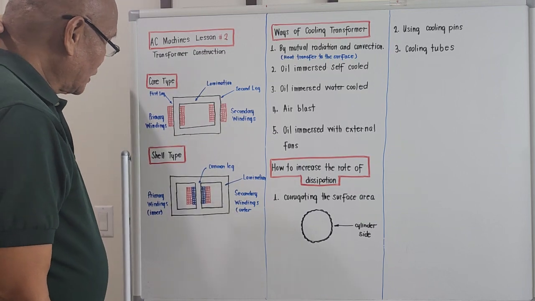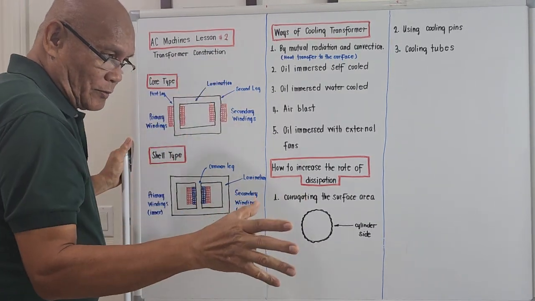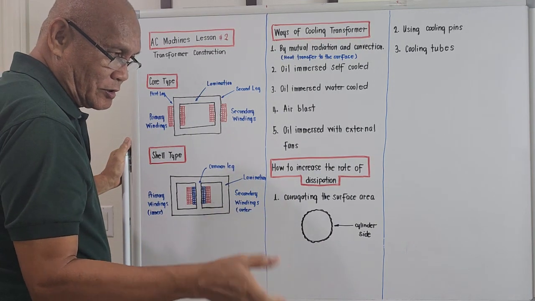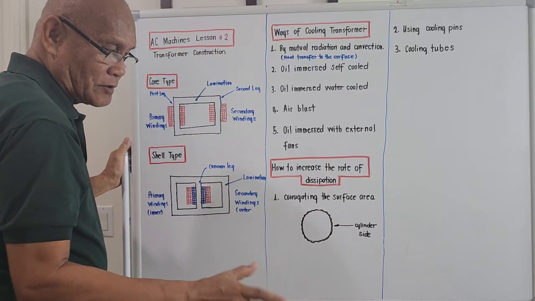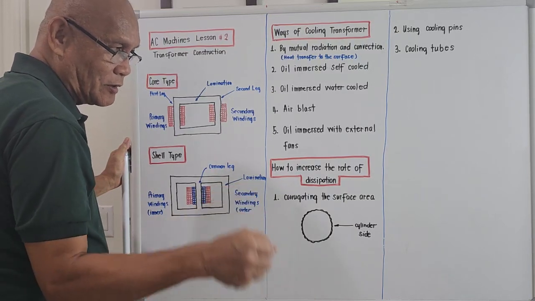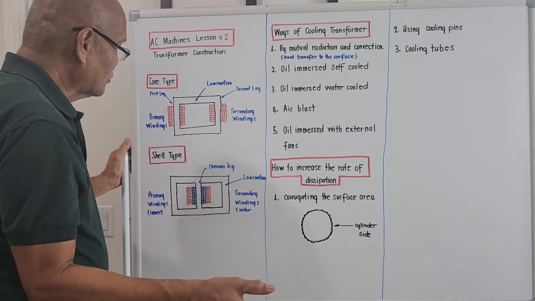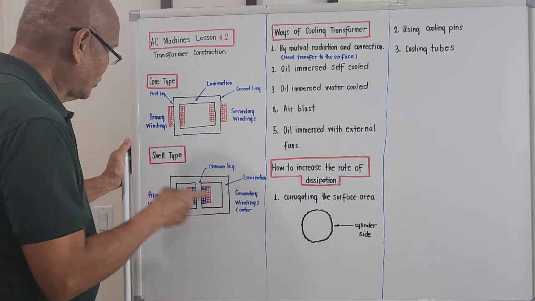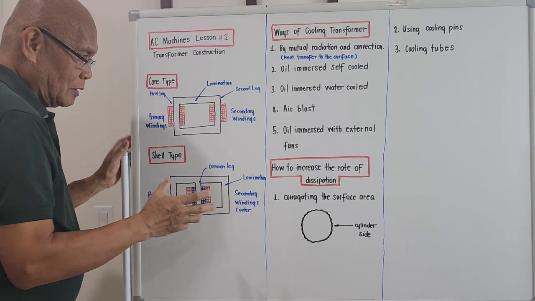There are only two types of transformer construction. For the meantime, we will just consider single-phase transformers. It's not three-phase, we are not yet on three-phase. The two types of construction of transformer are the so-called core type and the shell type.